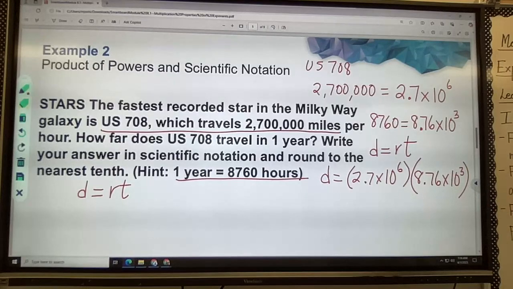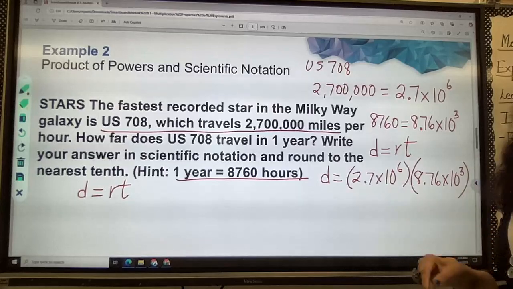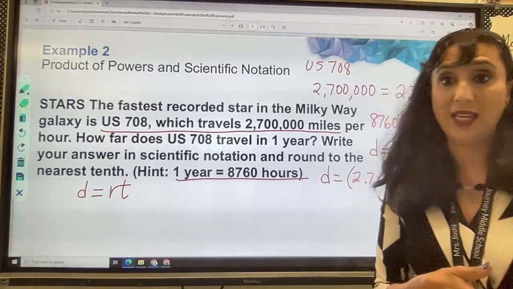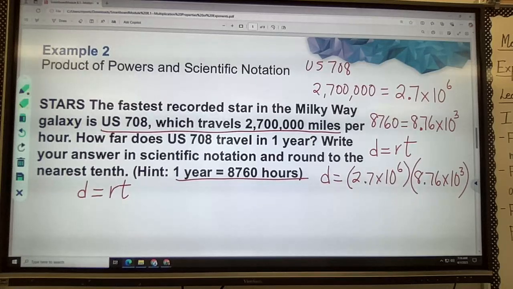Then again, I am going to combine the decimals, and then the tens, which are the same base in that case. So I am going to group those separately.